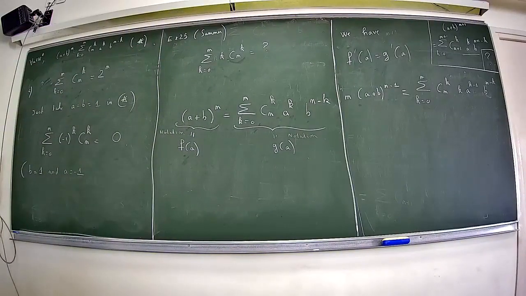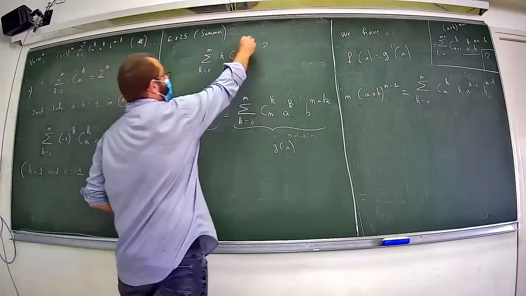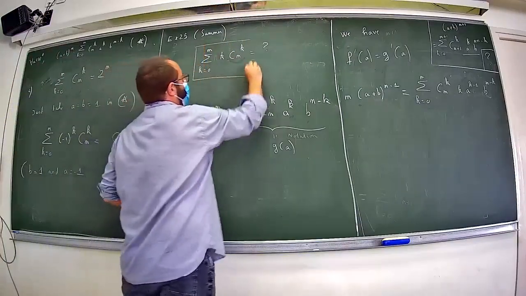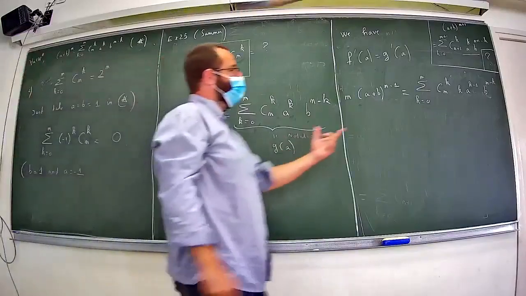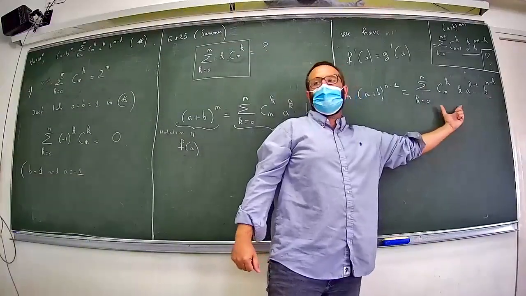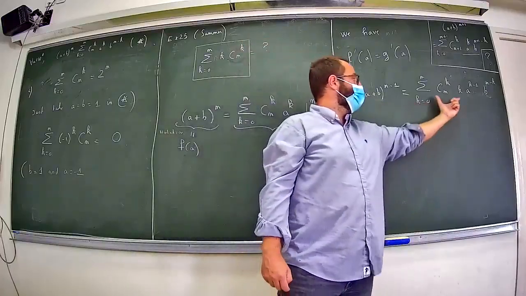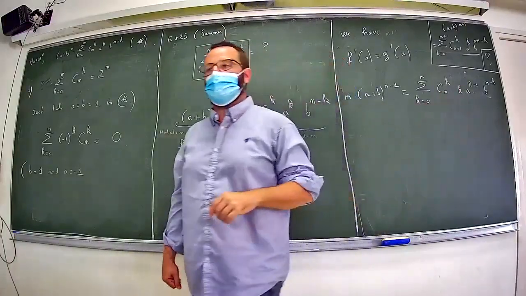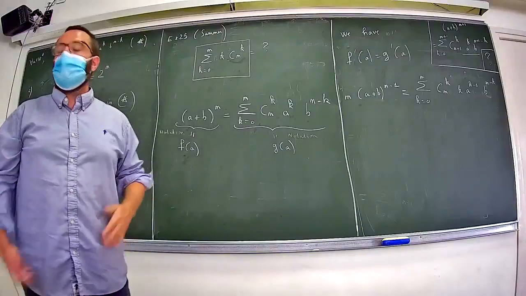And once again, keep in mind what you want to do. What you want to do is to compute this sum here. How to make it appear using my equality? What can I take in the previous equality to make appear the sum of k times C(n,k)? We are going to take a equal to b equal to 1.